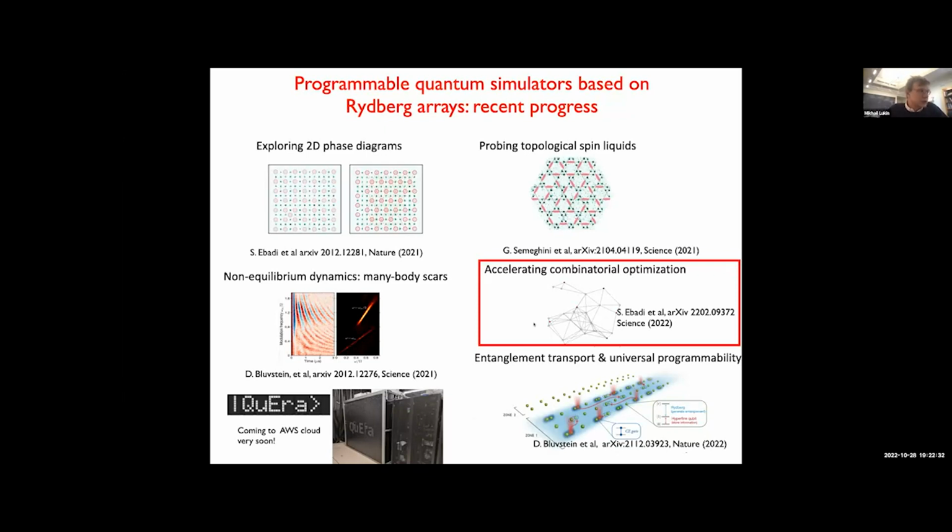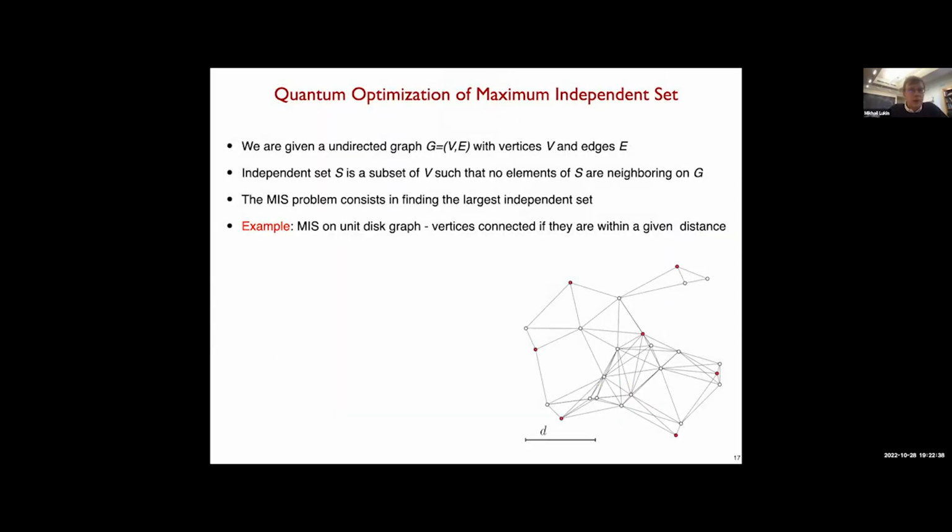The first application I will describe involves combinatorial optimization. In particular, I will focus on one specific problem, which is called maximum independent set. This is a relatively simple problem, but it's hard to solve.